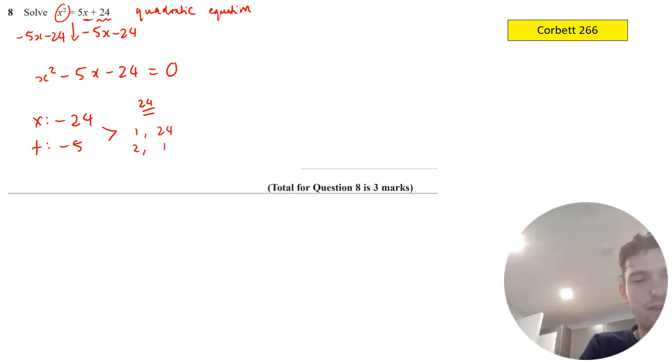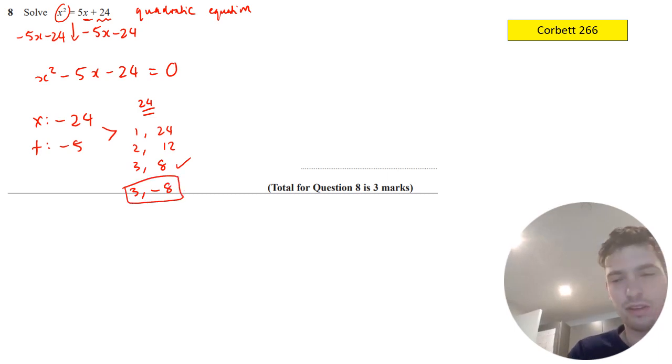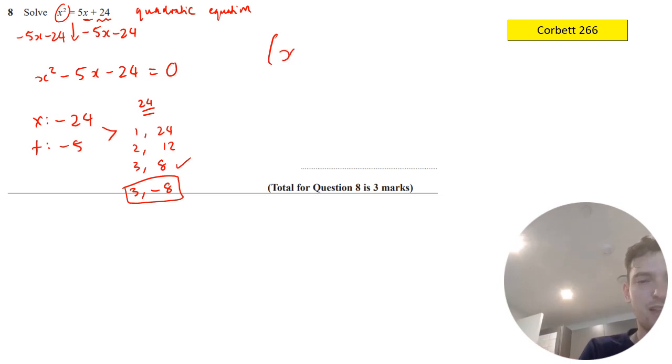And I'm looking for two factors where the difference is 5. So I think I've got it. Which one's positive, which one's negative? Well, I think it has to be 3 and minus 8. Those are going to be my two numbers, because 3 times minus 8 is minus 24, and 3 minus 8 is minus 5. So let's put that into my brackets.